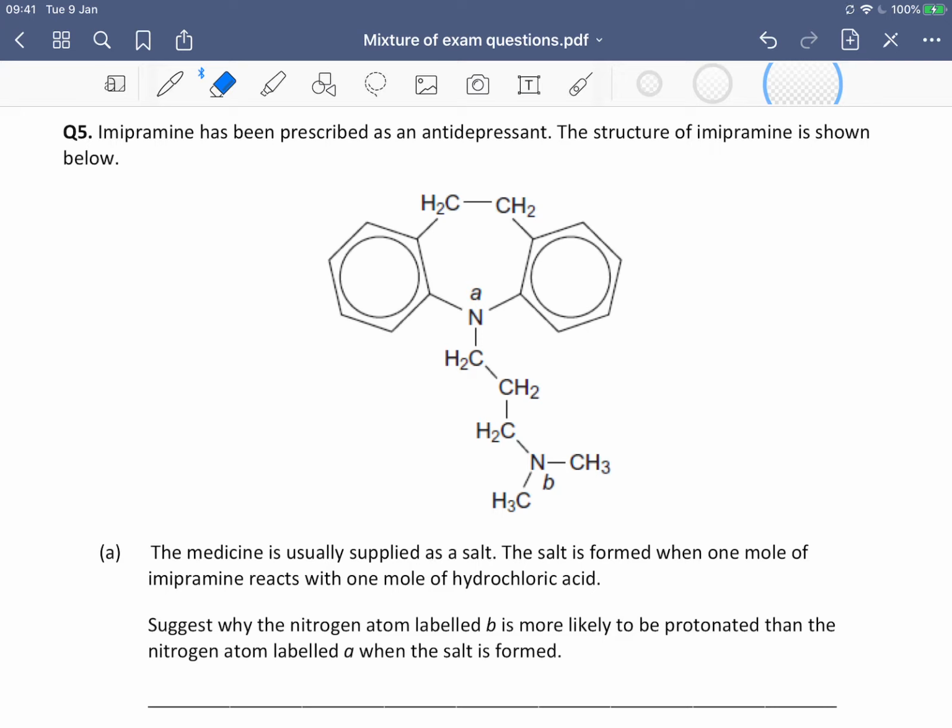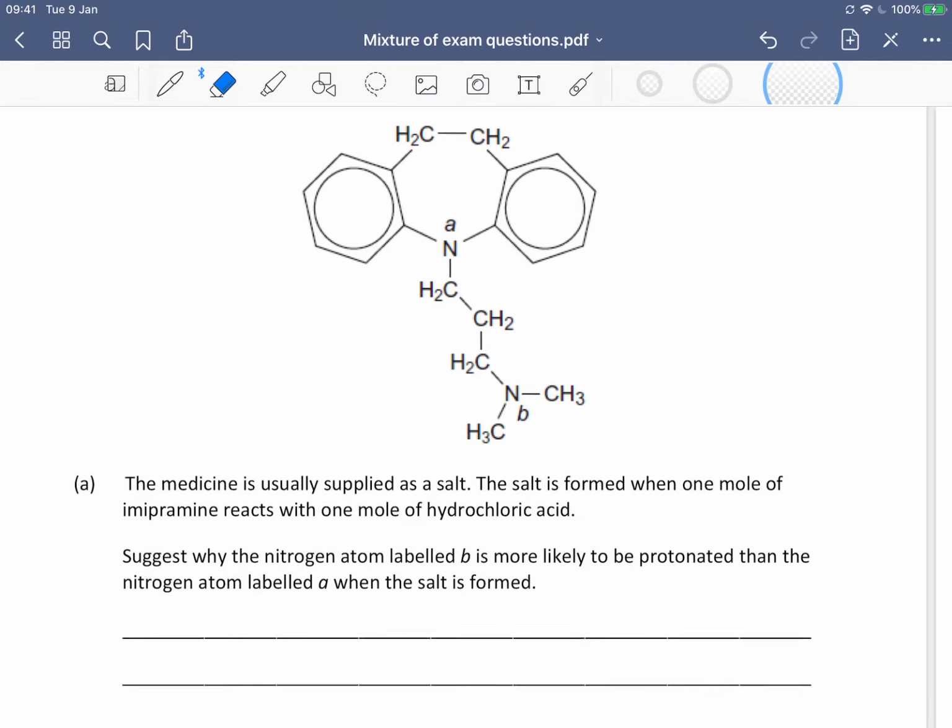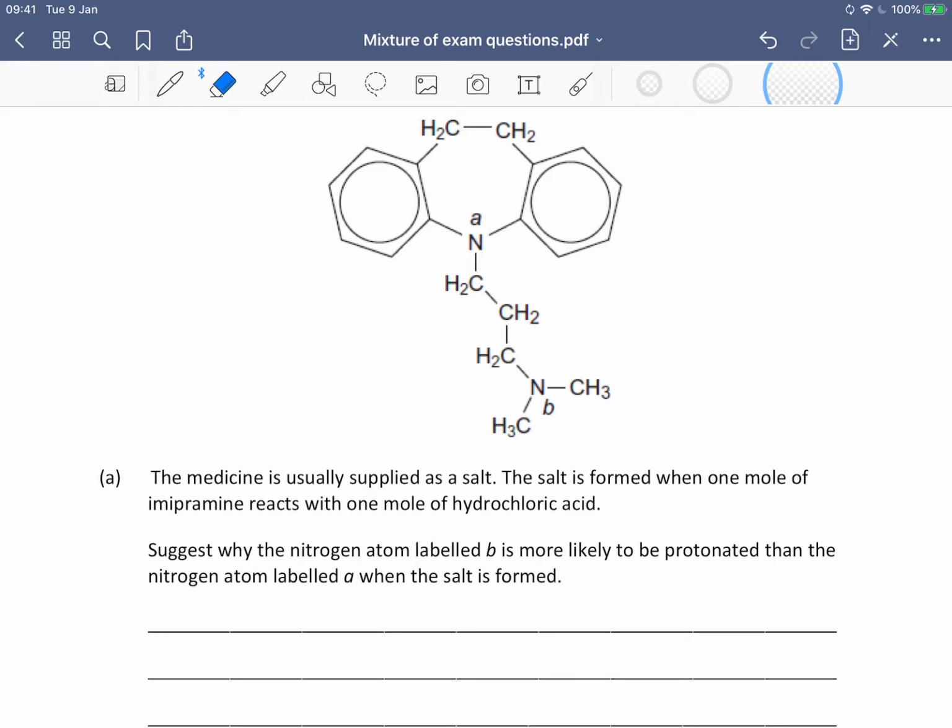All right, so that structure is important, and we can already see that the 2 nitrogens have been labelled A and B, so there's obviously going to be something referring to those 2 nitrogens. Okay, so then let's look at question A. The medicine is usually applied as a salt. The salt is formed when 1 mole of imipramine reacts with 1 mole of hydrochloric acid.